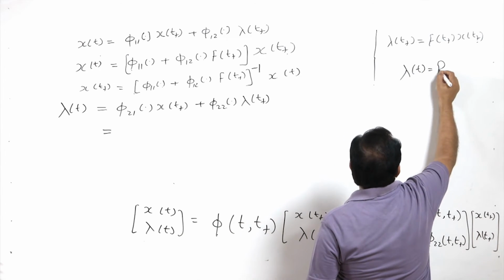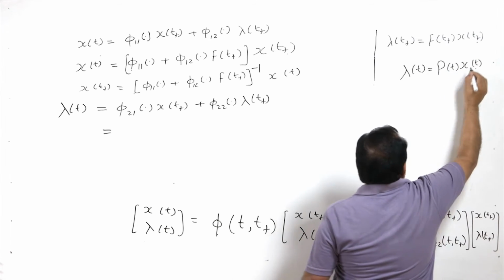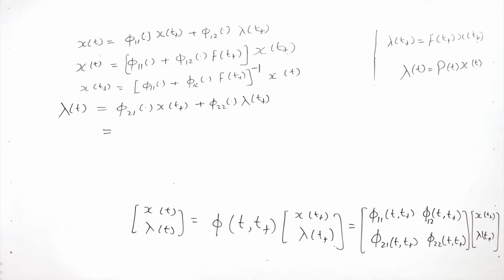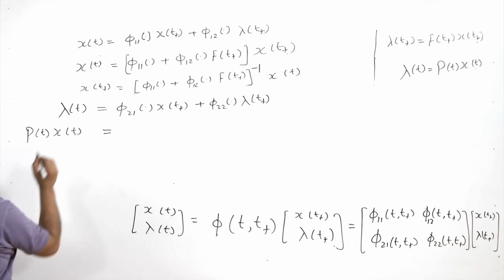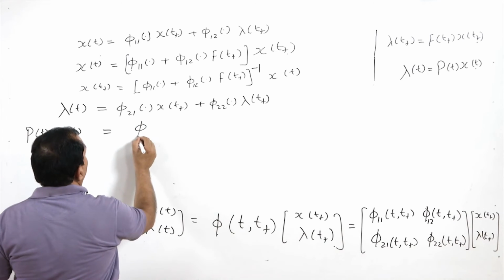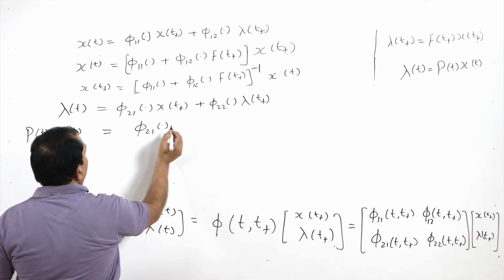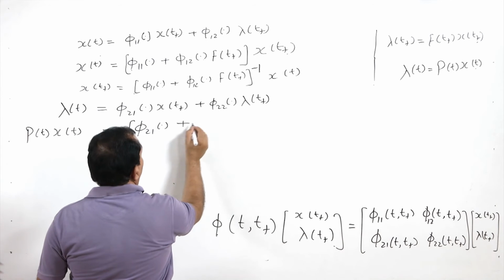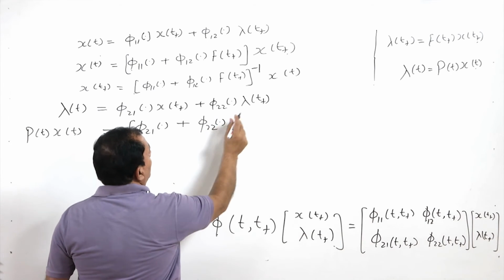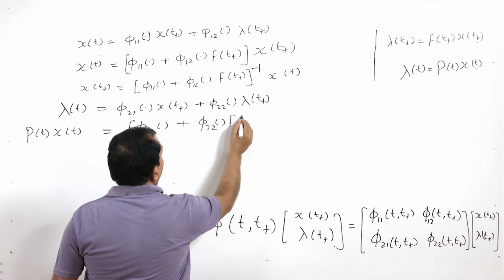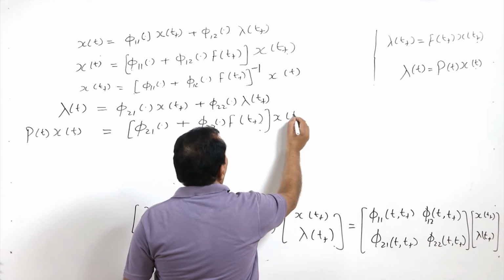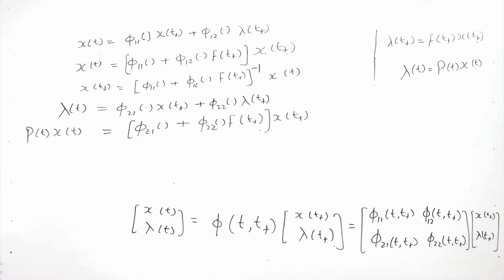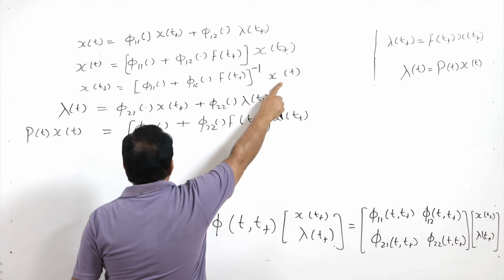Lambda(t) we have taken as P(t) x(t). So, lambda(t) we are writing as P(t) x(t), and here phi 21 plus phi 22, in place of lambda(t_f) we have F(t_f), multiplied with x(t_f). Now x(t_f) I can write in terms of x(t) from here.